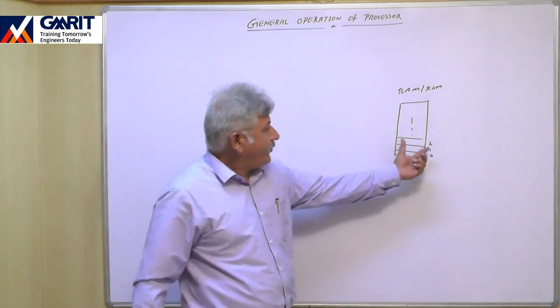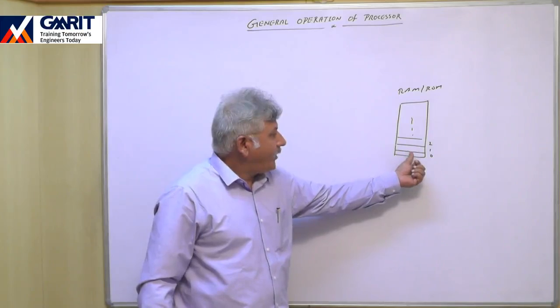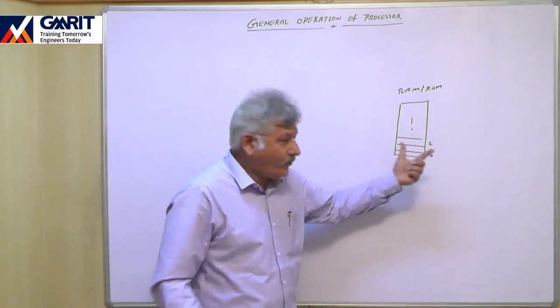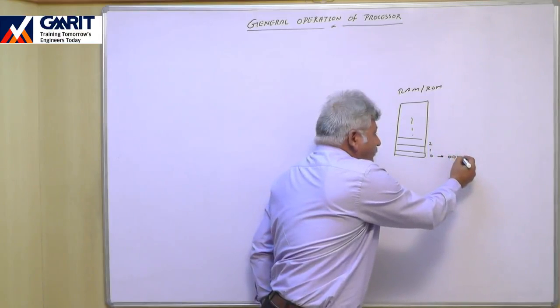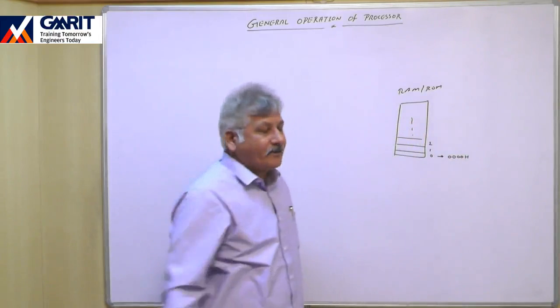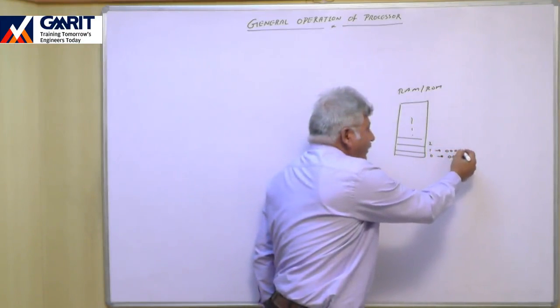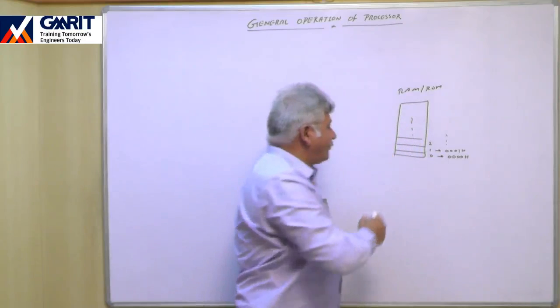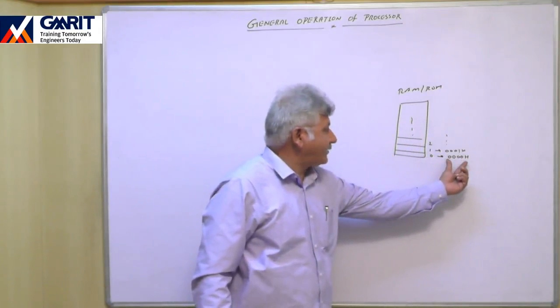Here we access these locations by their address. For example, location 0 has the address 0000H in the hexadecimal number system. Location 1 has the address 0001H, like this.